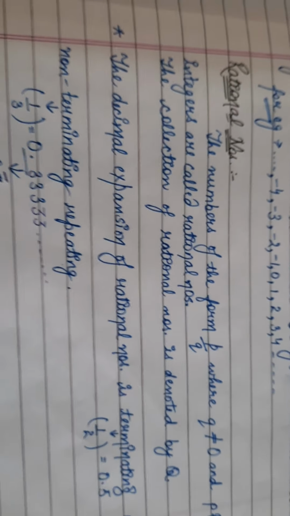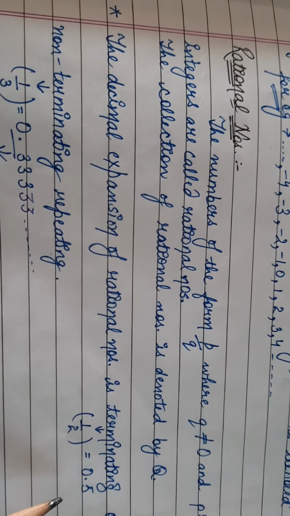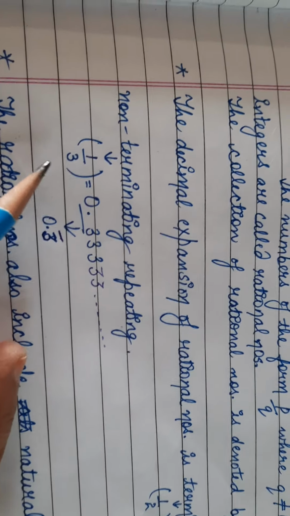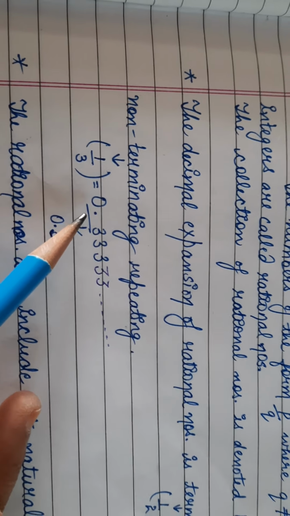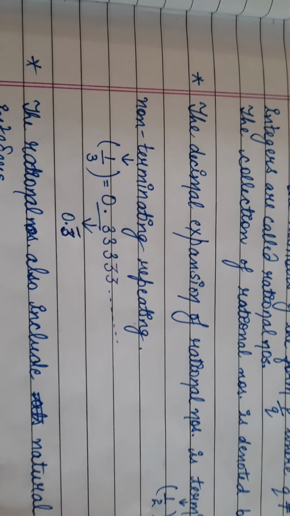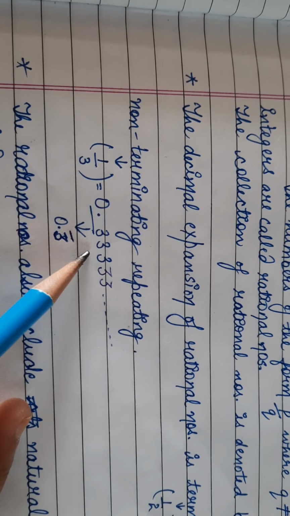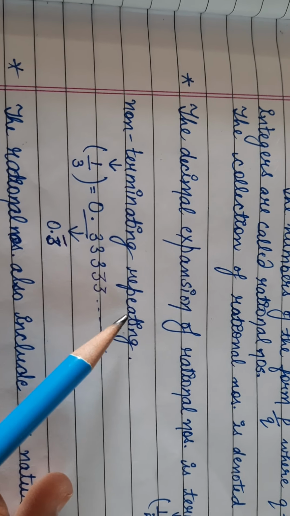So the decimal expansion of a rational is either terminating, or, if I take another example, 1 by 3 and you write its decimal expansion, this is 0.33333 and so on. This expansion is non-terminating, repeating.